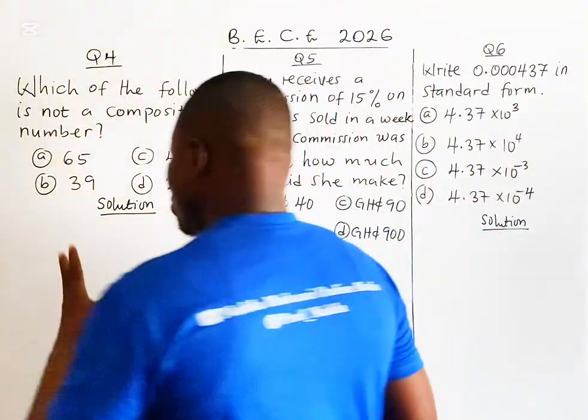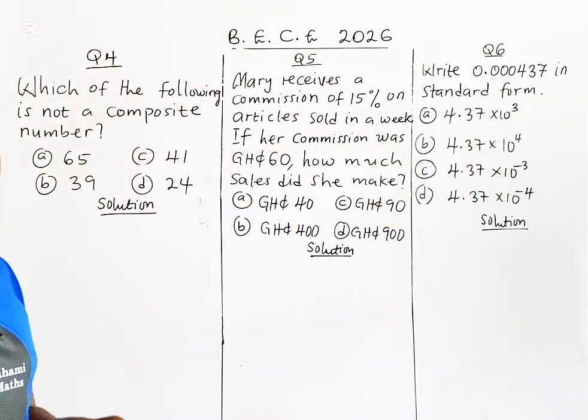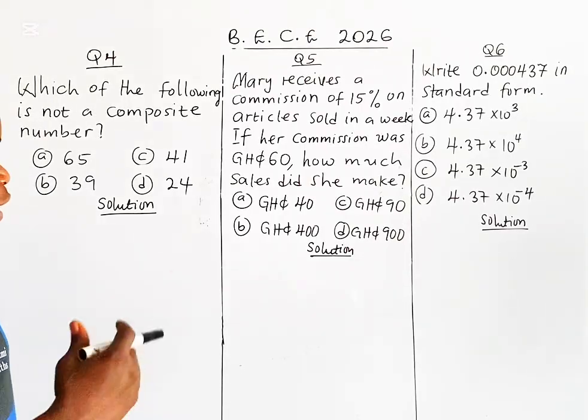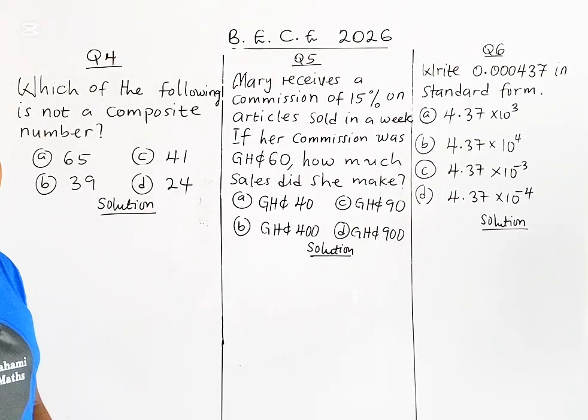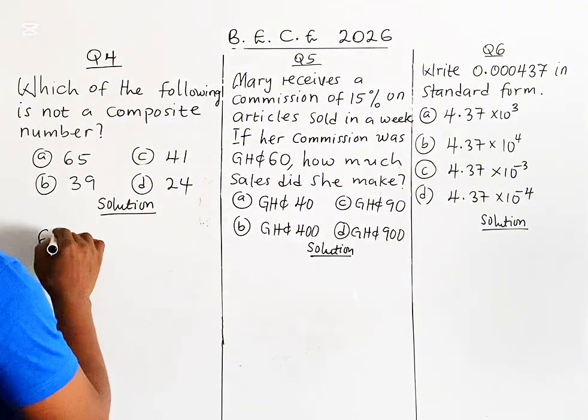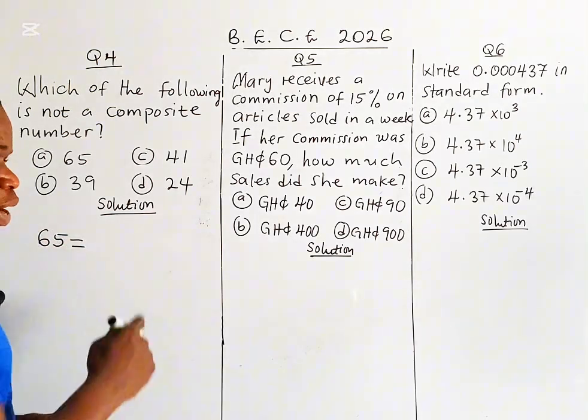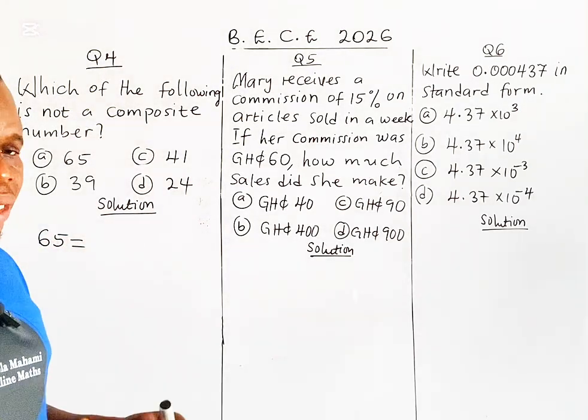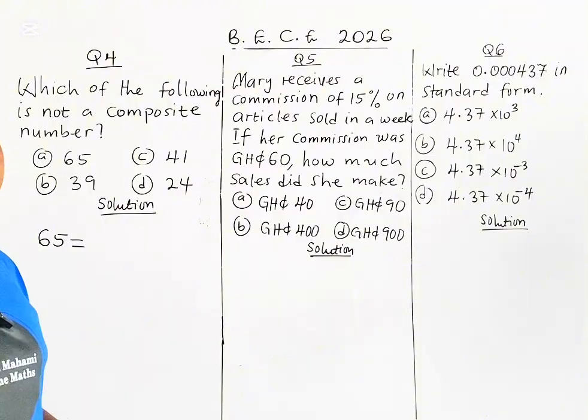So now, to choose the correct option here, take each of these numbers and list their factors. The one that has less than 3 factors is the correct answer. So if I take 65, to get the factors easily, I'll pick two numbers that I can multiply and get 65.